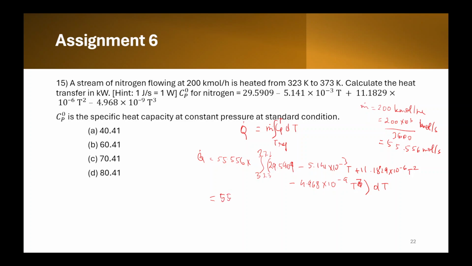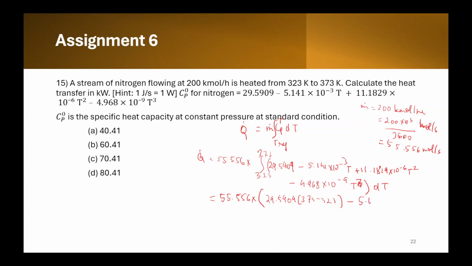So this will come out to be 55.556 into, if we integrate, this is a constant term, so the integration will be 29.5909 T. And if we apply the limit, 373 minus 323. The integration of T is T square by 2.